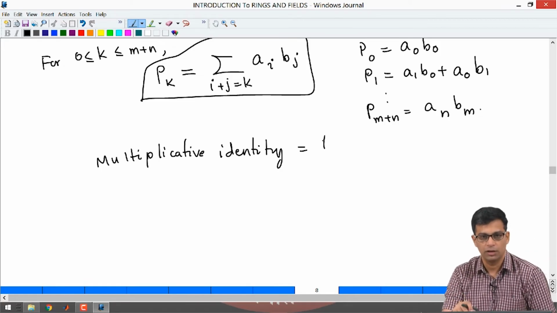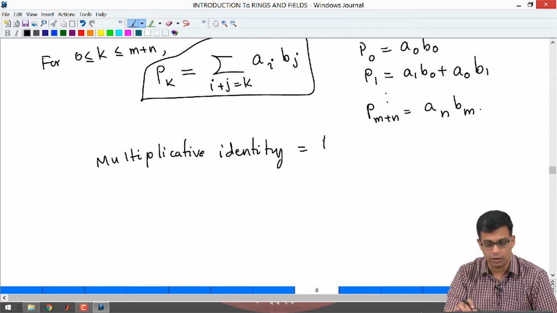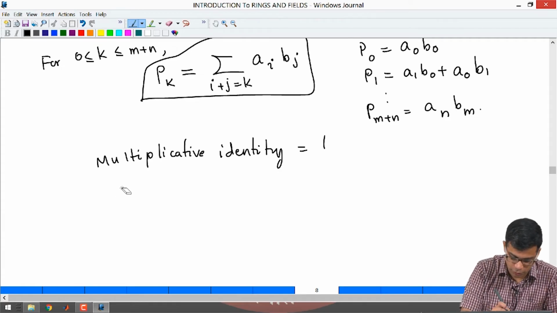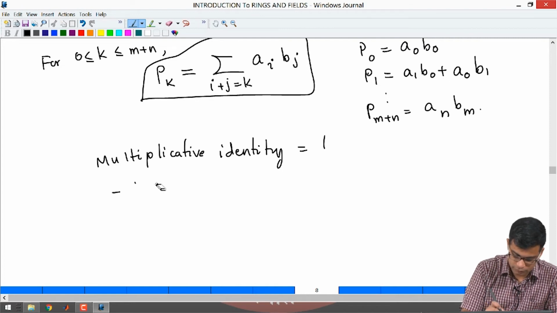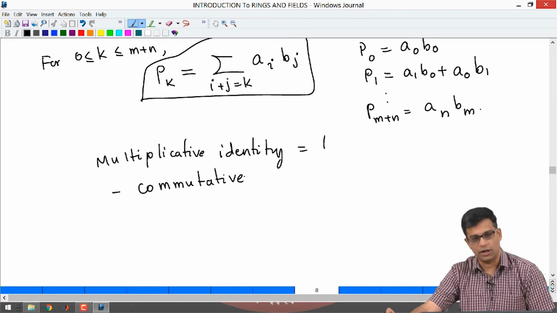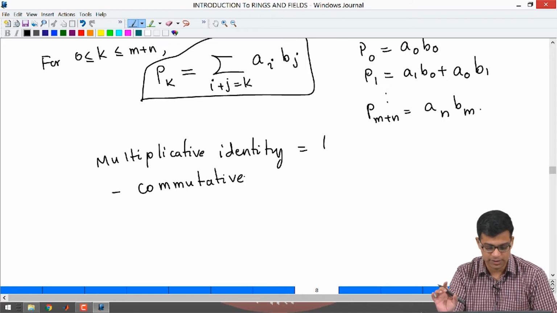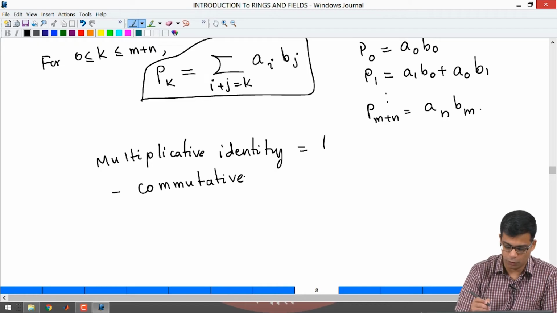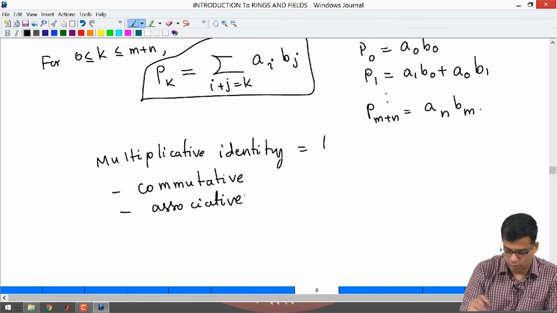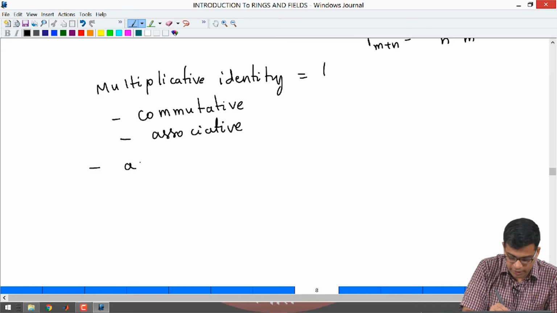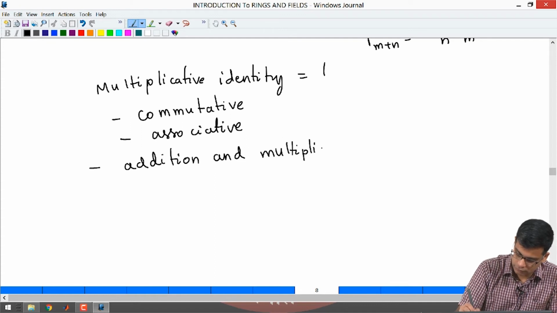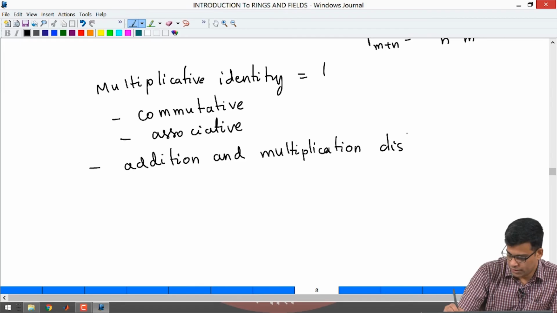So, 1 will continue to be multiplicative identity here, because if you multiply any polynomial by the constant polynomial 1, you get the same polynomial, and multiplication is commutative, right, because okay, this requires a little thinking, but ultimately because multiplication in the base ring R is commutative, multiplication for polynomials also is commutative, it is certainly associative, multiplication is associative, and finally addition and multiplication distribute, okay.